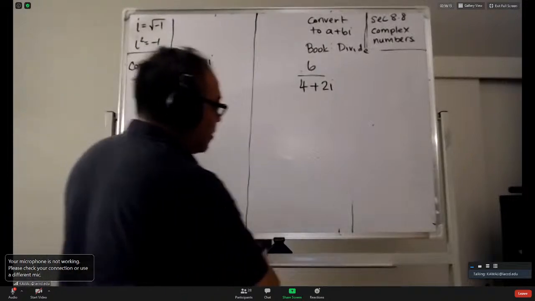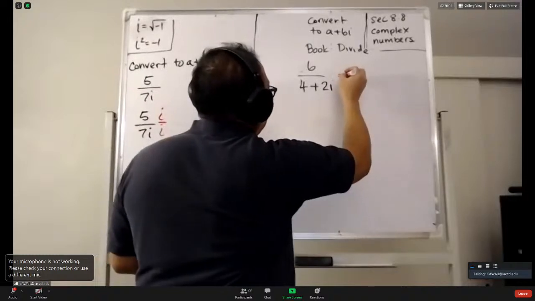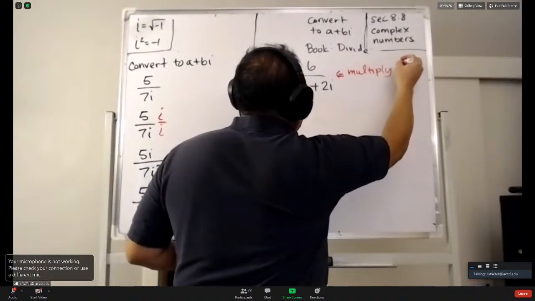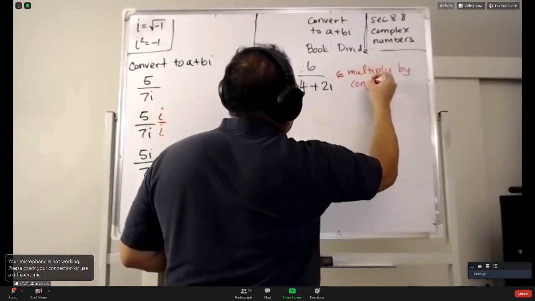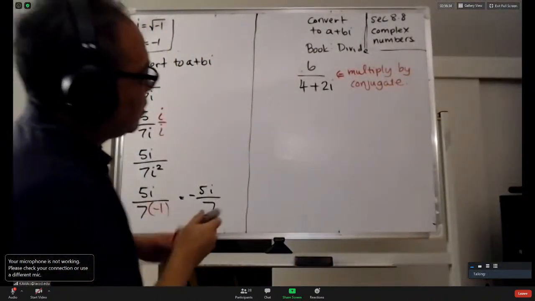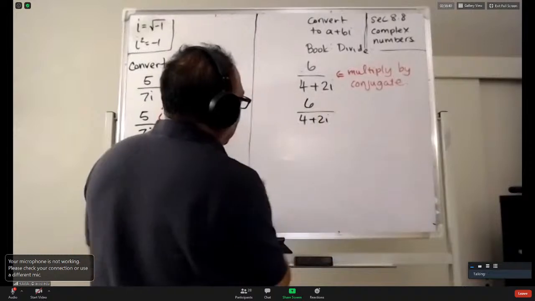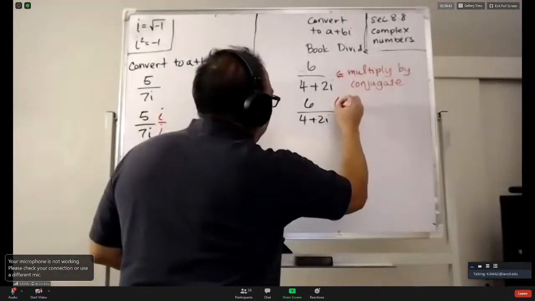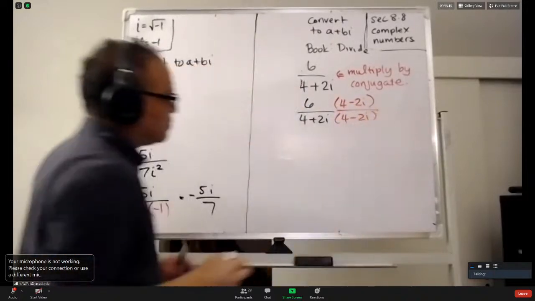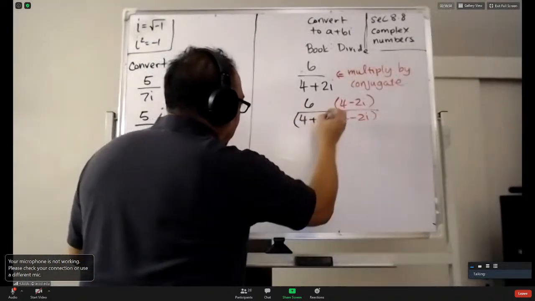So when we have a problem like this, what we want to do is multiply by the conjugate. So we want to multiply this with 4 minus 2i.